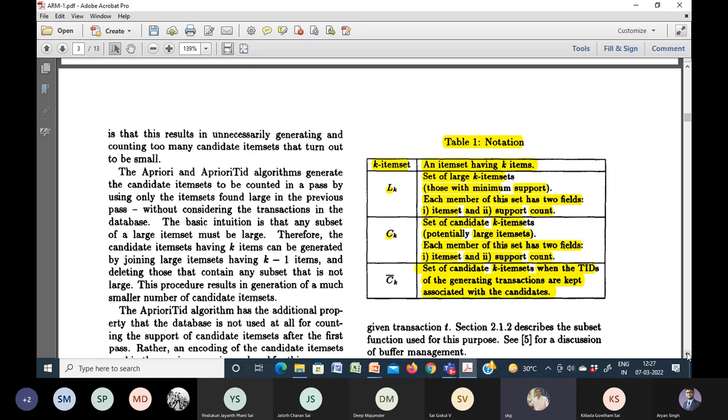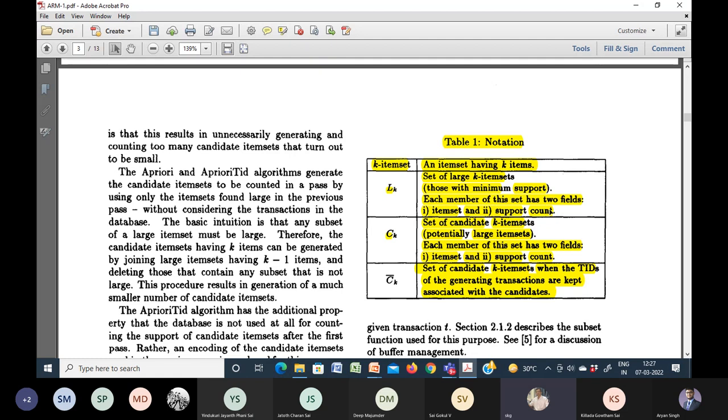It has two fields, the item set and the support count. Ck is the set of candidate k-item sets, potentially large item sets. We find which are the candidates for the next level. Each member of this set has two fields, the item set and the support count.